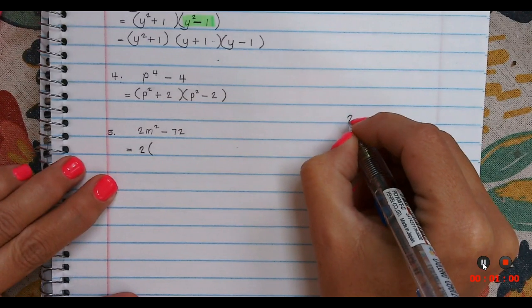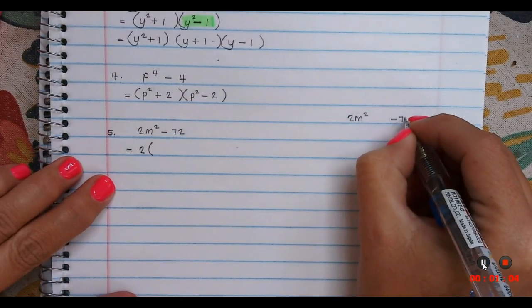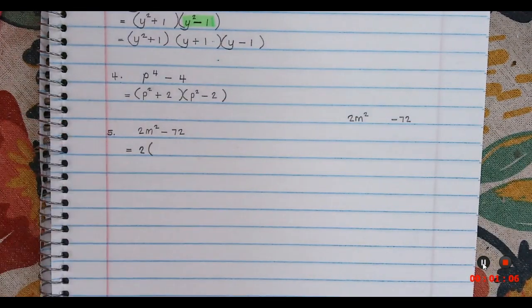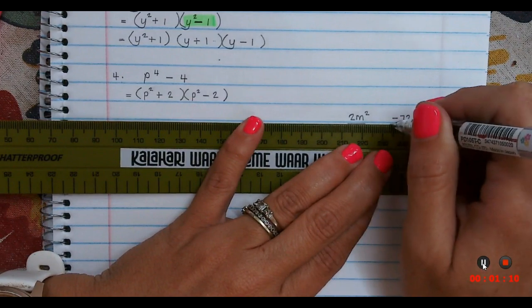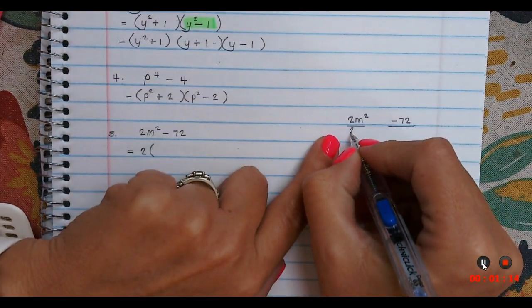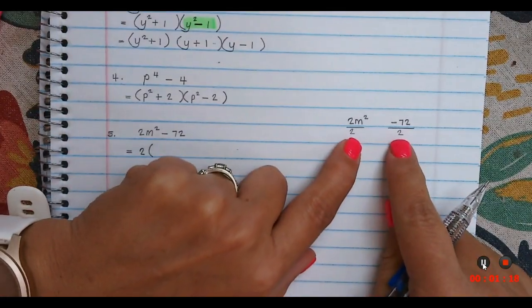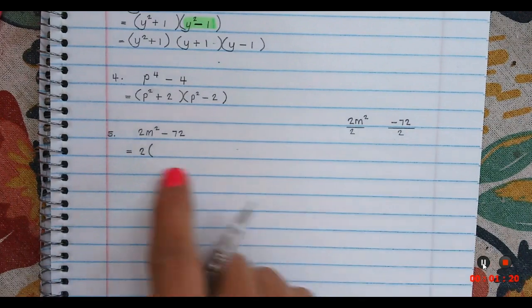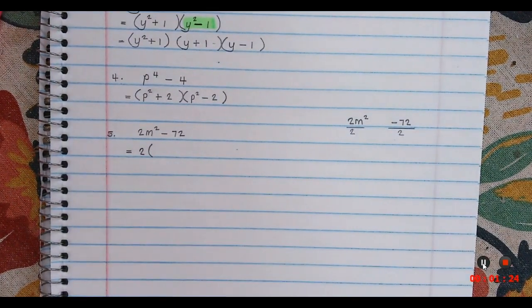So remember, when we have 2m squared minus 72, and I'm going to take out a common factor, it means that both of those terms will be divided by the common factor. The common factor written at the bottom is going to be the number written in front of my bracket.